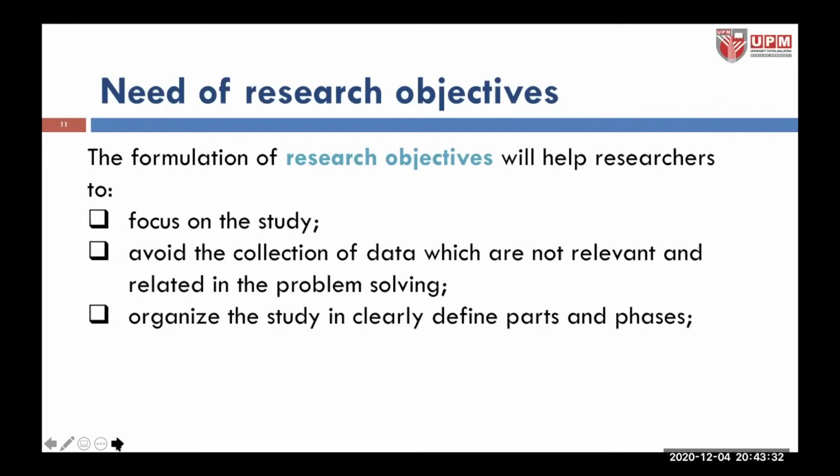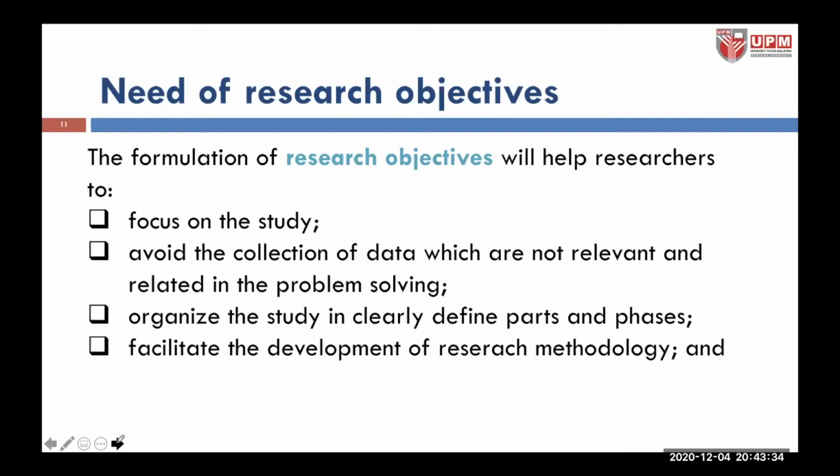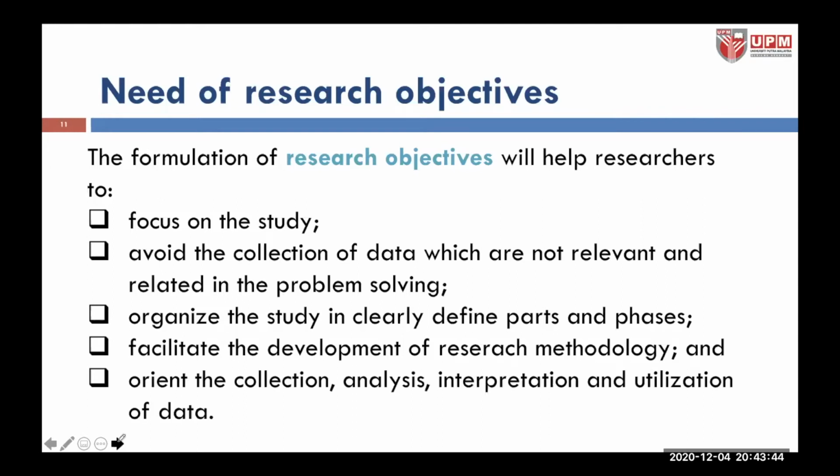A research objective is also needed to facilitate the development of research methodology. And finally, it orients the collection, analysis, interpretation, as well as utilization of the data used in your study. Okay, those are the needs of a research objective.